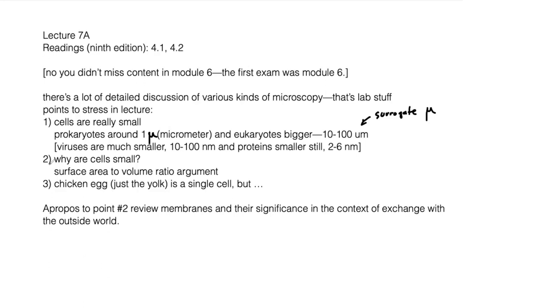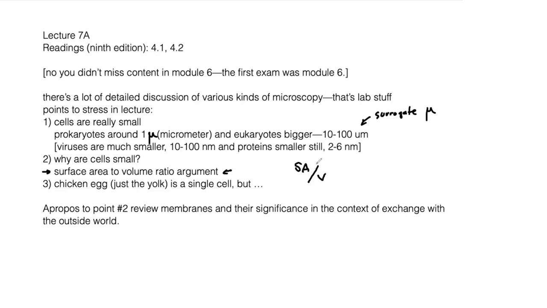Okay, and here's maybe the biggest learning that we have in today's discussion. It's the old surface area to volume ratio argument. You'll see this SA for surface area over volume, right? That's a fraction.